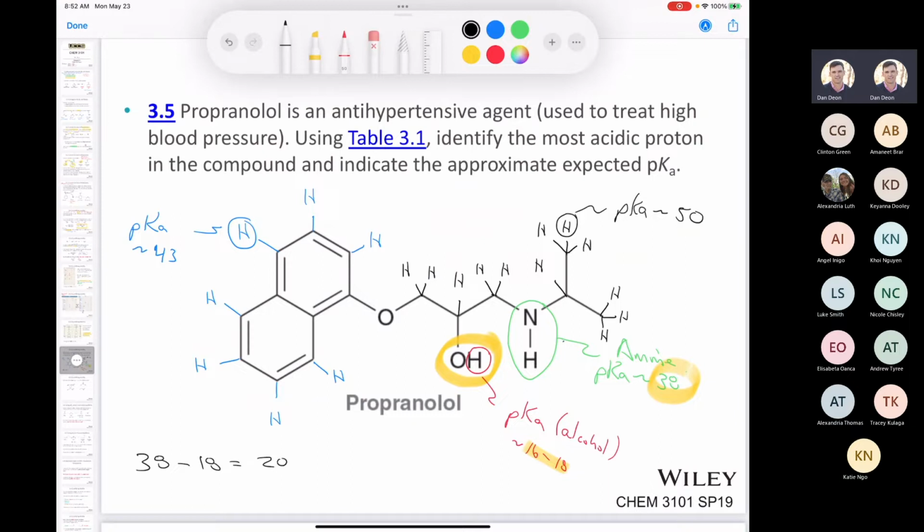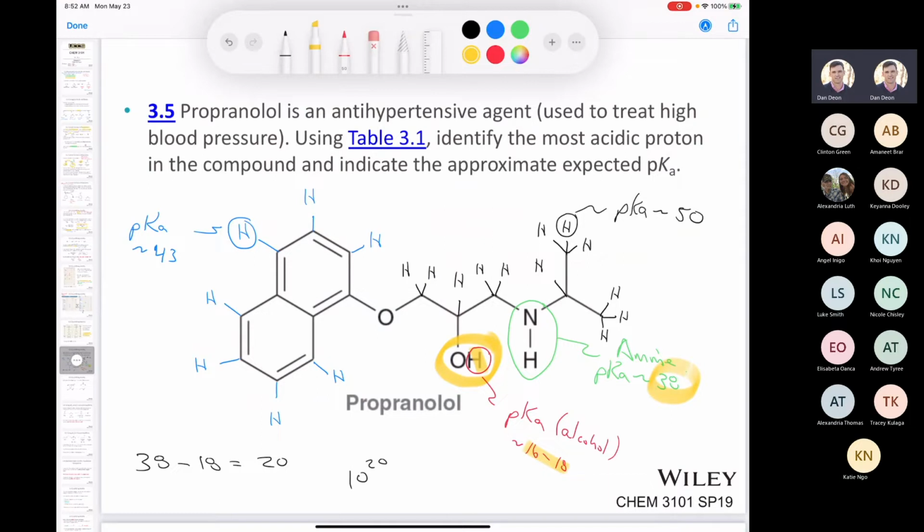So that means the difference in relative acidity between the hydrogen that I have circled in red and the one in green is 10 to the power of 20. I don't even know what that number is, but it's really big. 1 with 20 zeros after it. And therefore, this proton is much more acidic than any other proton in this molecule. By far and away, it is much more acidic.